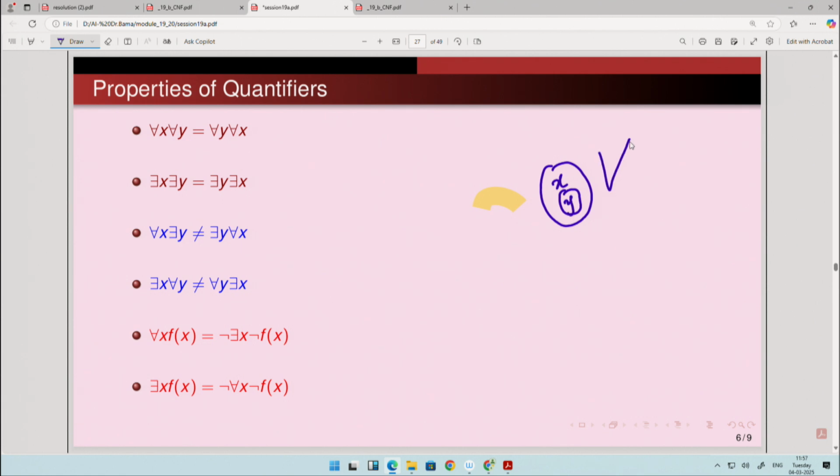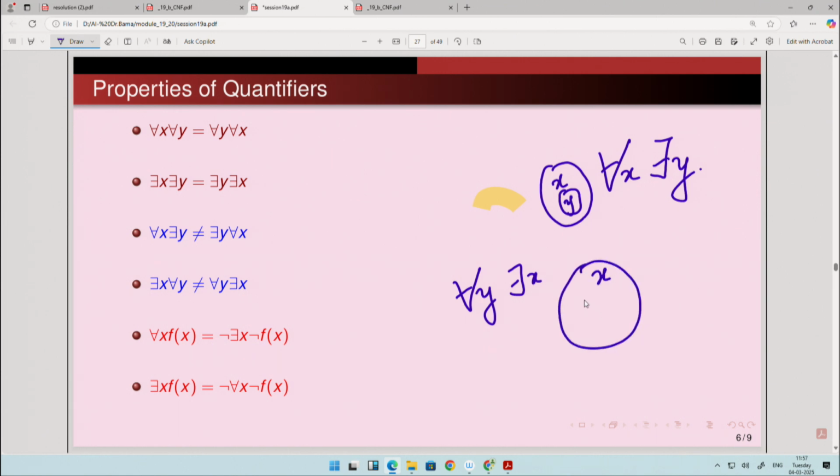We say for all x there exists y. We have to remember that there is a whole region of x, within which there is some y. On the other hand, if we have something like for all y there exists x, it would be something like a Venn diagram of x, and within that space there is some existential.